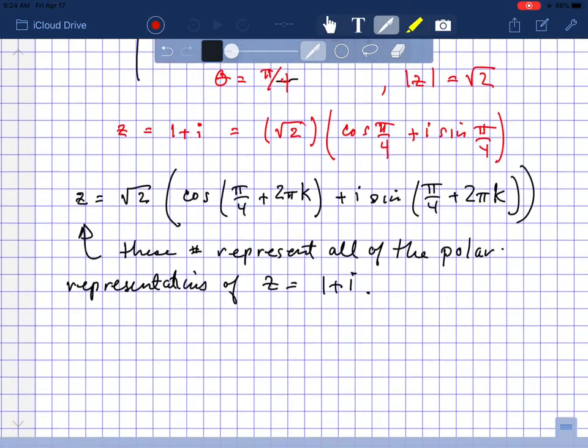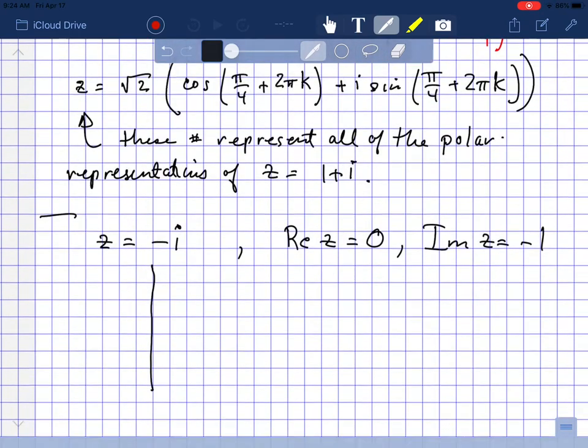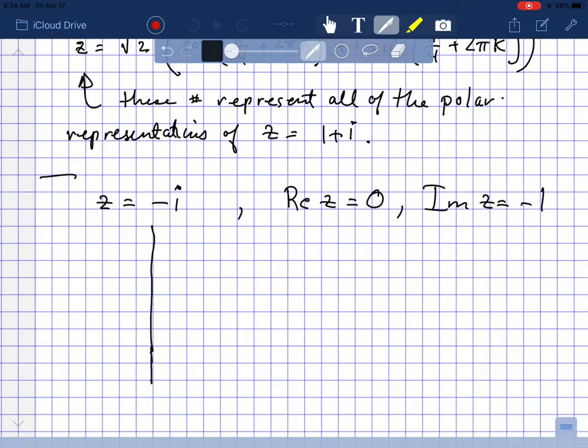Okay, let's take a look at another one. Suppose I have, as a second example, z equal to minus I. All right, then the real part of z is equal to 0, and the imaginary part of z is equal to, well, it's the coefficient on the imaginary number I, and that coefficient in this case happens to be minus 1. So where is our complex number?